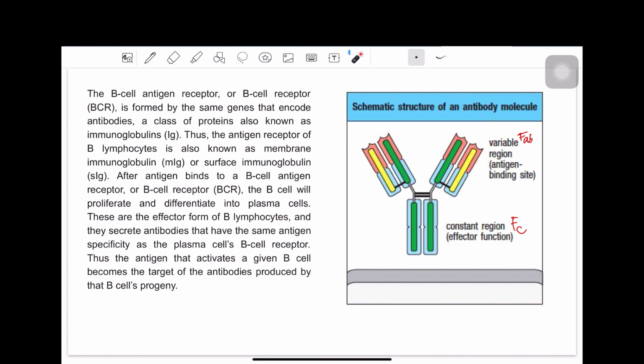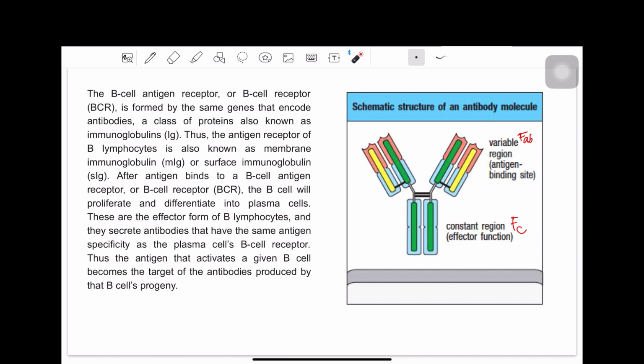That gives the specificity of the adaptive immune response; the specificity of the antibodies against the antigen comes from these CDRs. So this is the antigen binding or the variable region of the antibody, and this part is the constant region, which is responsible for the effector functions of the antibody.